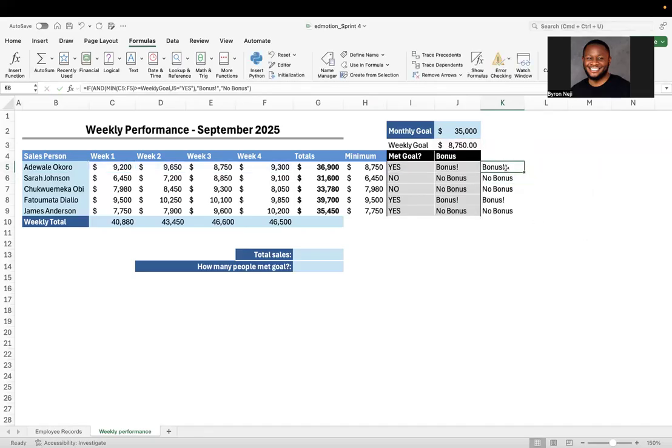And I do this, I get the same thing. So I just replace this H5 with the function that generated that value, which is the minimum. So you see, I have my IF function, my AND function, and my MIN function in one function. So this is another level of nesting.